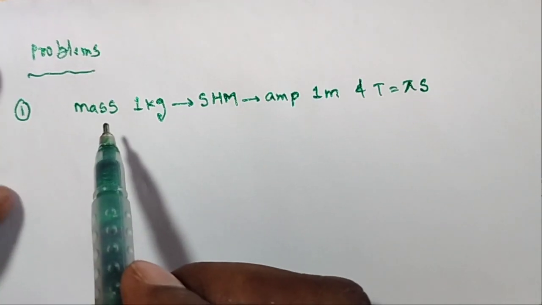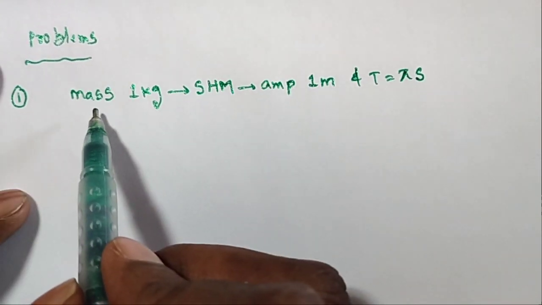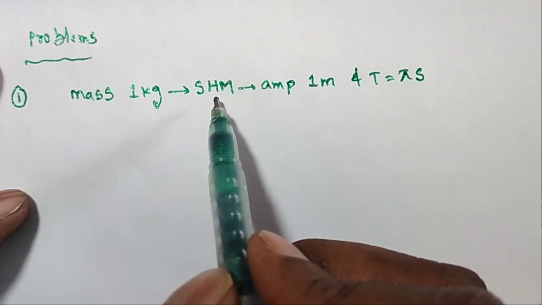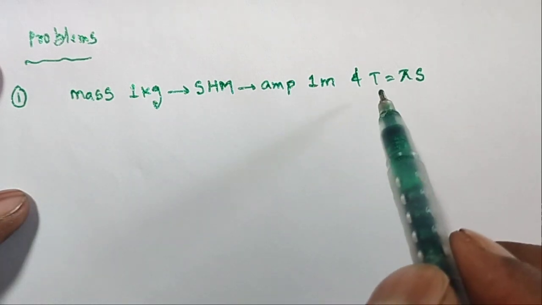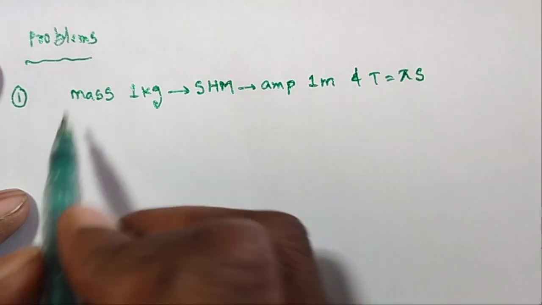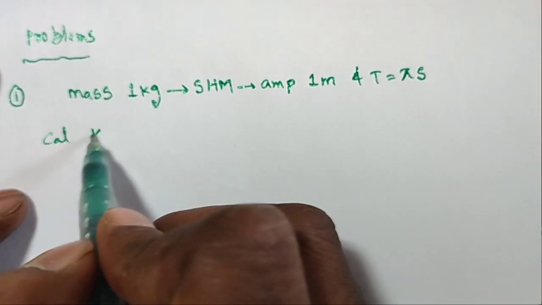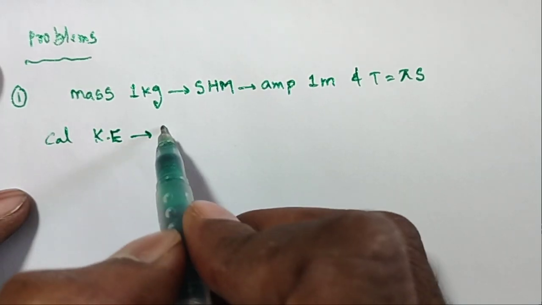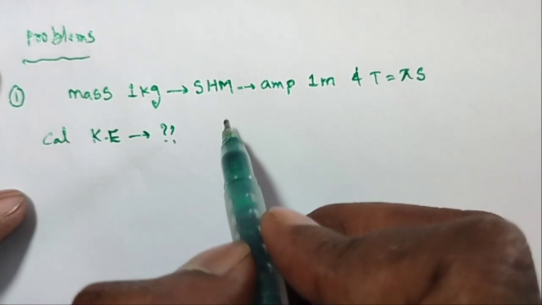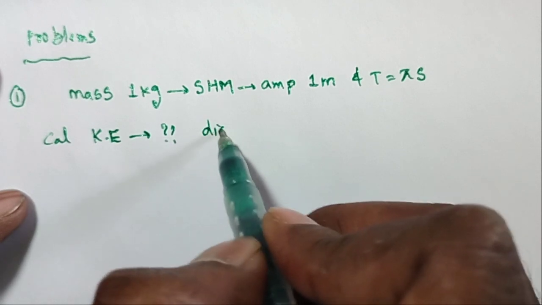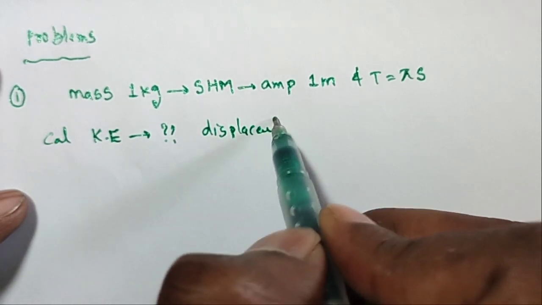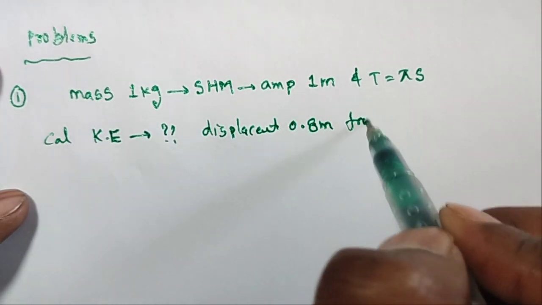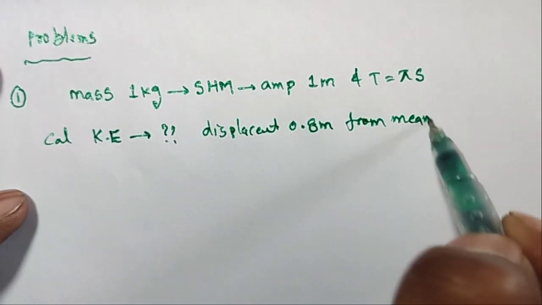Calculate the kinetic energy of the particle where the displacement is 0.8 meters from the mean position.